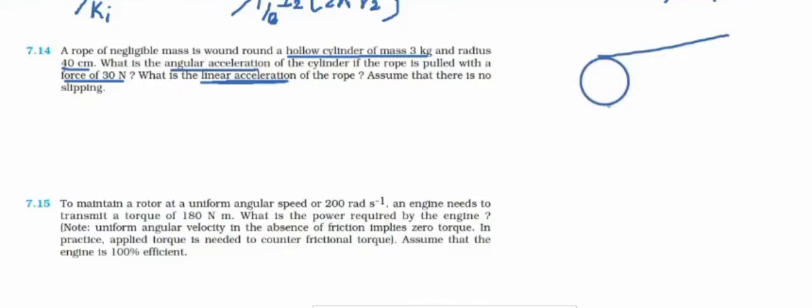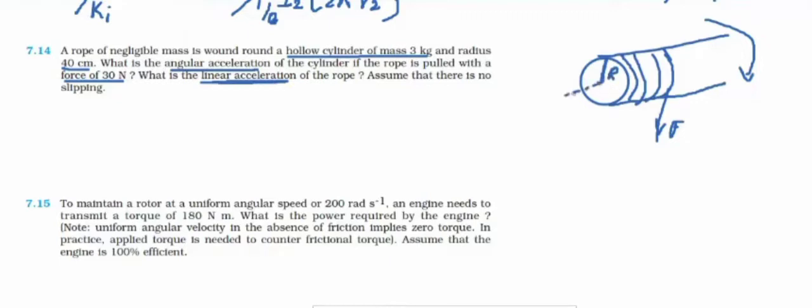Then a rope is wound around it. Then pull the rope with a force. So what happens? The cylinder begins to rotate. You can take R as the radius of the cylinder, and this axis of the cylinder is the axis of rotation. The force is applied at this edge.